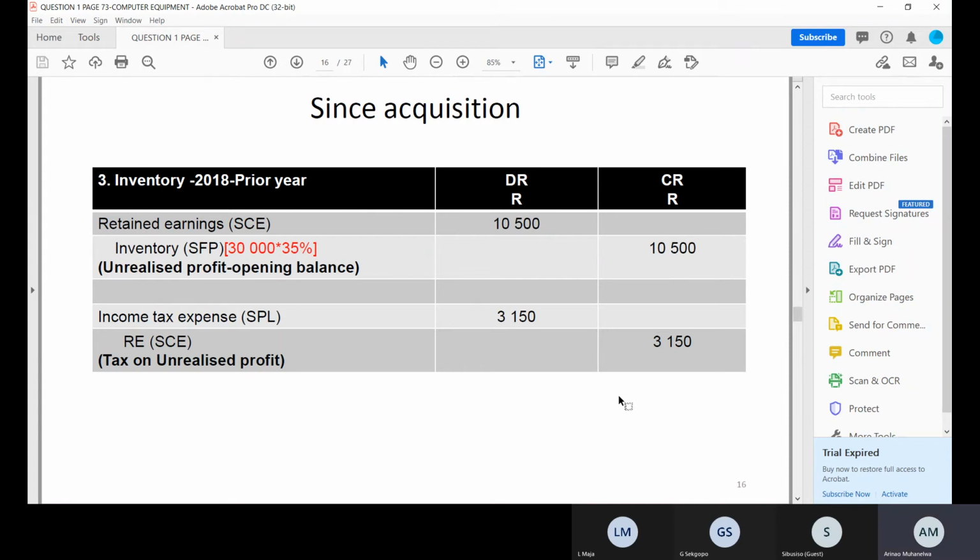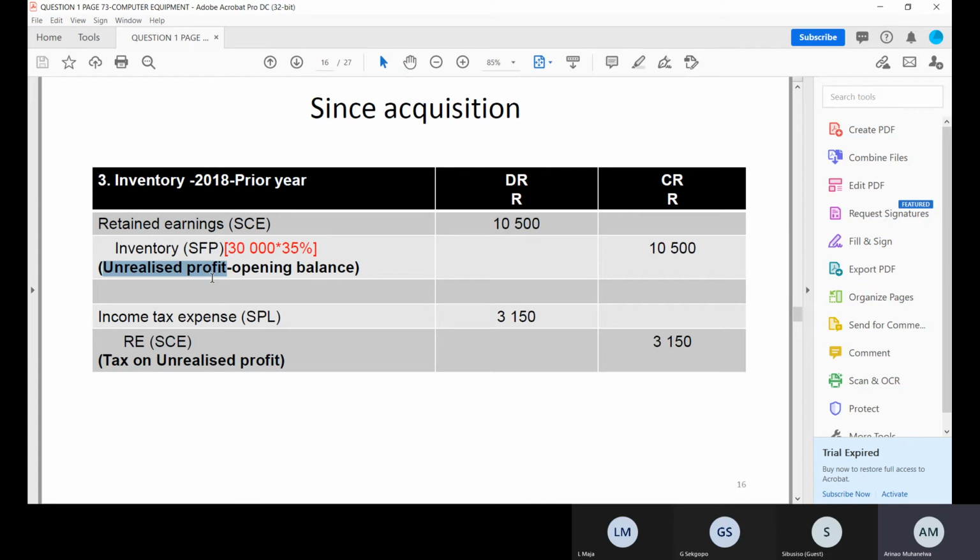Since acquisition, we had closing inventory 2018, and we're preparing the books of 2019. So 2018 is the prior year. If it is the prior year and now we're doing consolidation, we need to determine what we call unrealized profit.